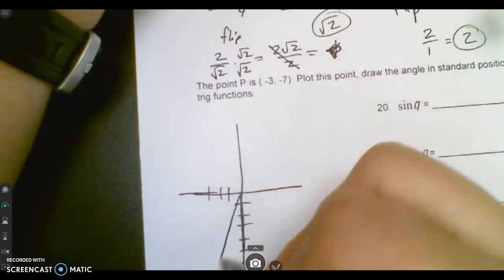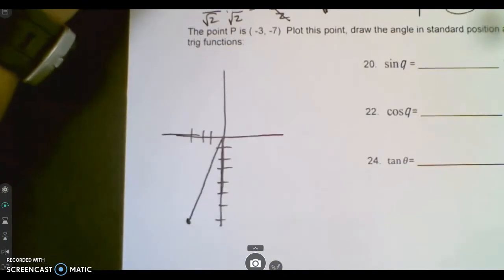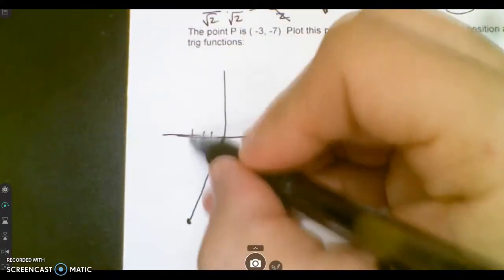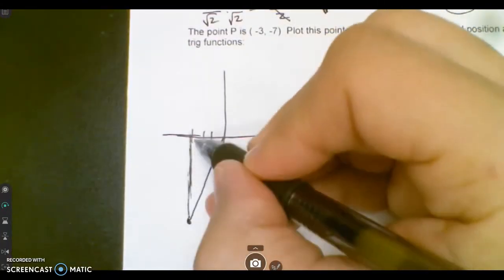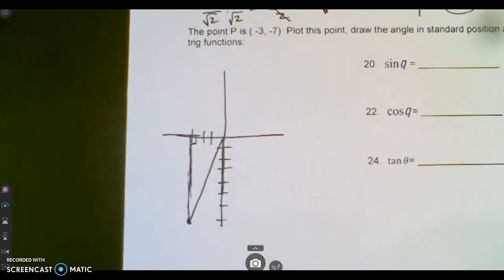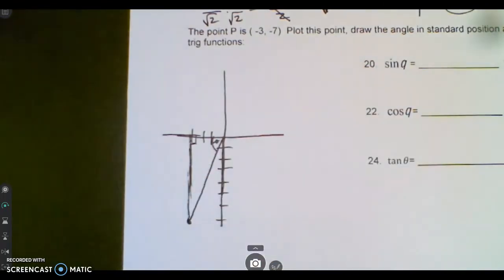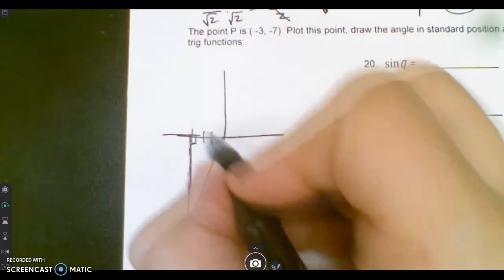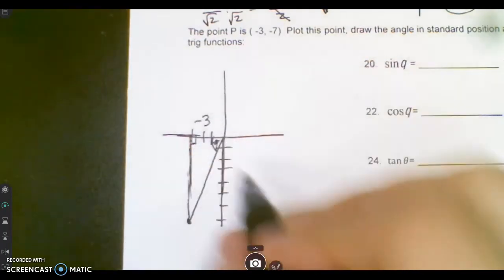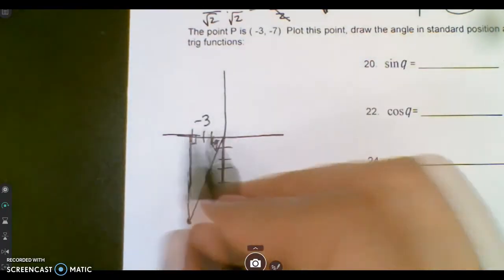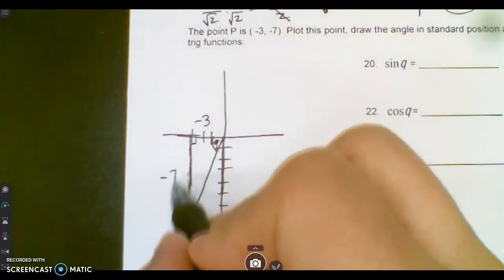Now, sometimes people do this and then get weird. Remember, when we draw our triangles, we always draw it to the x-axis. So I'm looking at this triangle here. And we're talking about this angle right here with the x-axis. There's angle Q. Okay, so if I'm looking at this, my x part is negative 3, it's left 3. My y part is down 7.